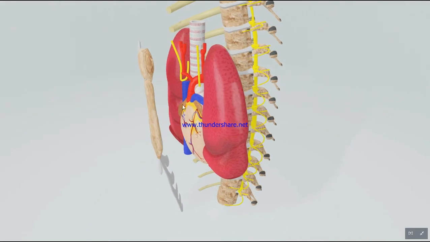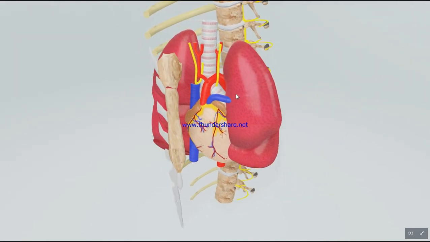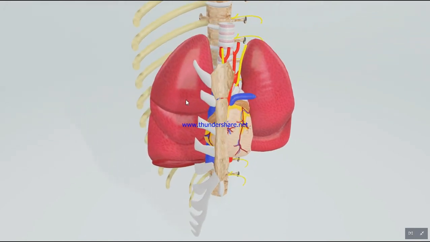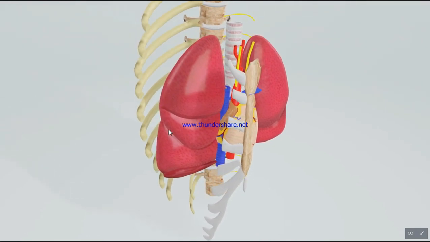But by doing these compressions we're still mimicking the action of the heart, getting blood to the brain and still getting some oxygen into the blood by the process of pumping the lungs as well.